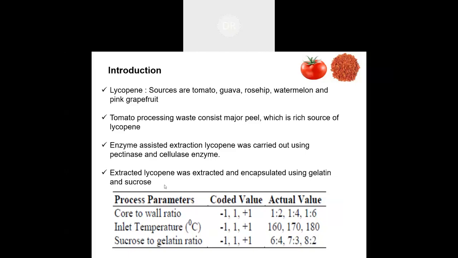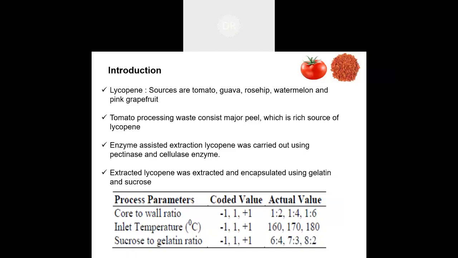It is thrown out, dumped as waste material, or used as manure. But it has a very good amount of lycopene; almost 80 to 90% of lycopene is present in the peel itself.